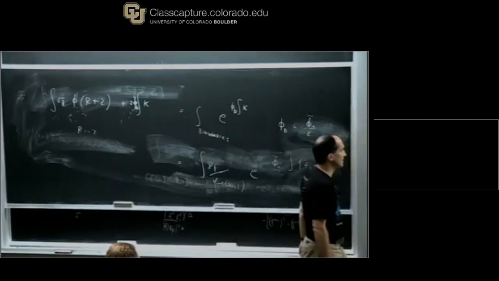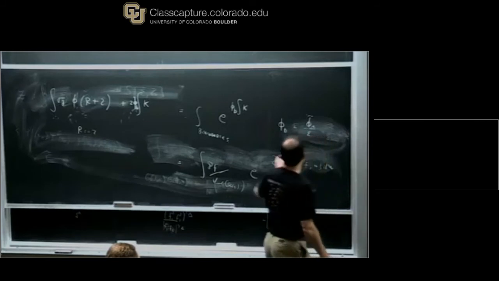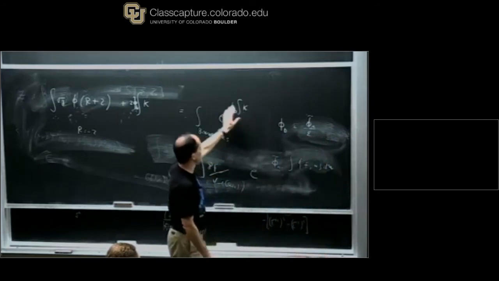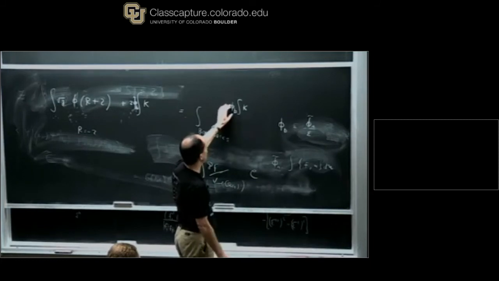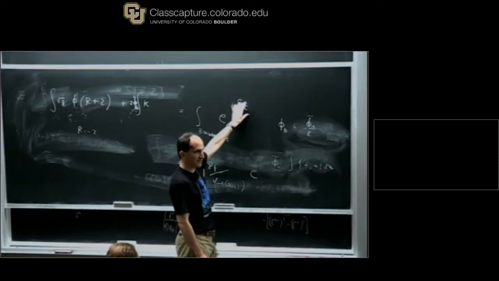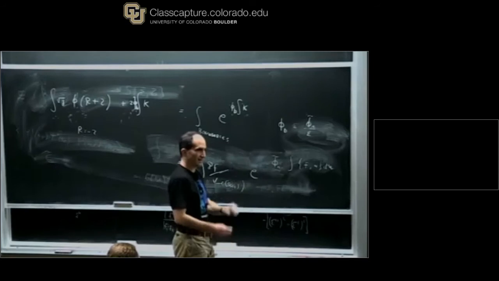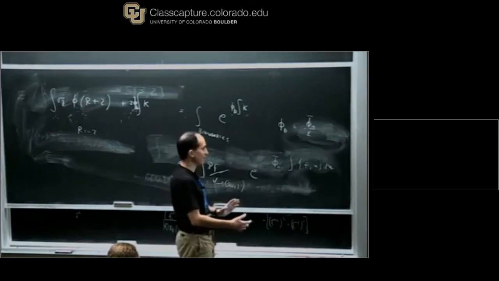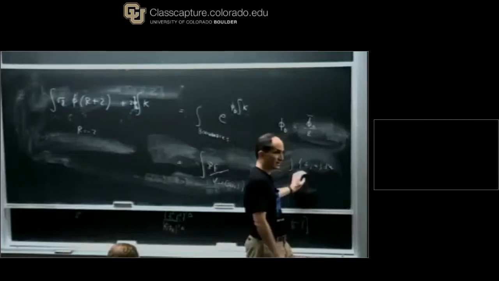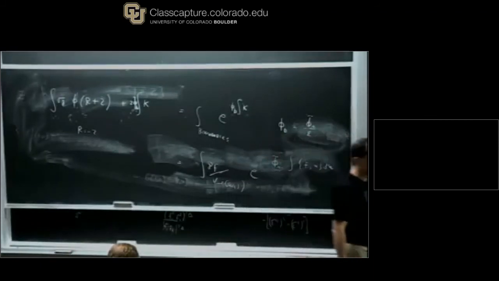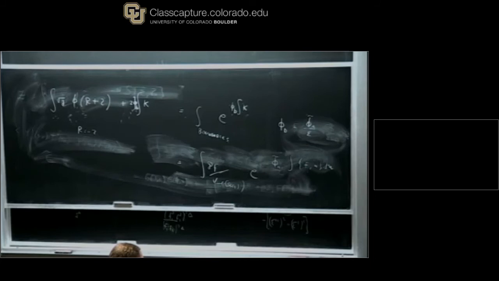This is a more or less standard calculation. When epsilon goes to 0, this term diverges. This term also diverges, but the divergence is just proportional to the length. We subtract that off, and the thing that is finite is this quantity, which is dependent on f. The divergence is independent of f.